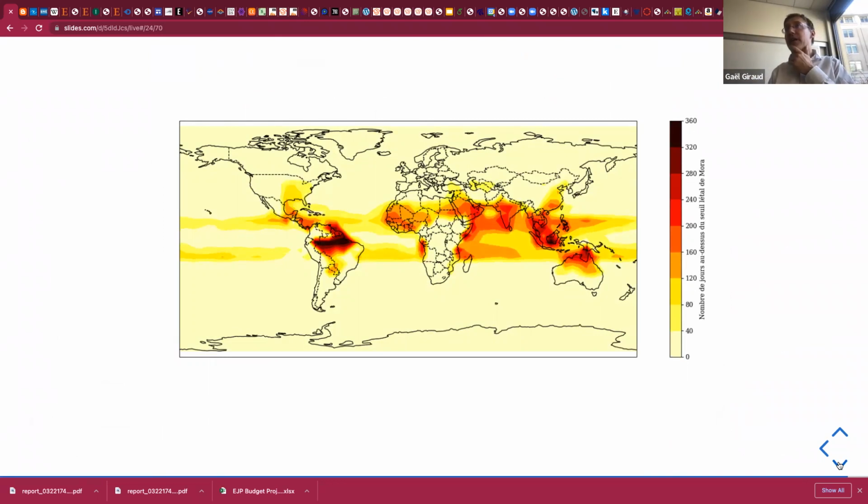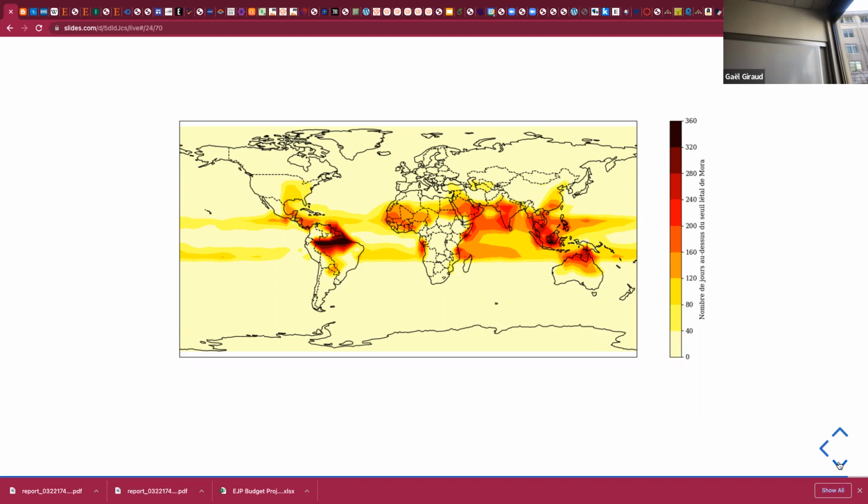If we don't do anything along the business as usual scenario, that's a picture of the Earth at the end of this century, where the color is the number of days where people will be exposed to lethal combinations of heat and humidity. If it's dark red or brown like there on the Amazon... in the US, you see it's yellow. Yellow means 1 day over 3.